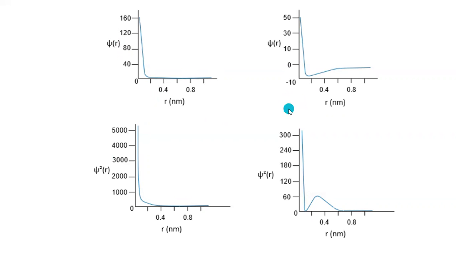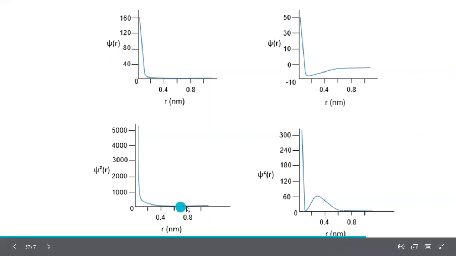For the 1s orbital, the probability density of finding the electron is maximum at the nucleus, and it decreases as we move away from it. Here r is basically the distance from the nucleus.